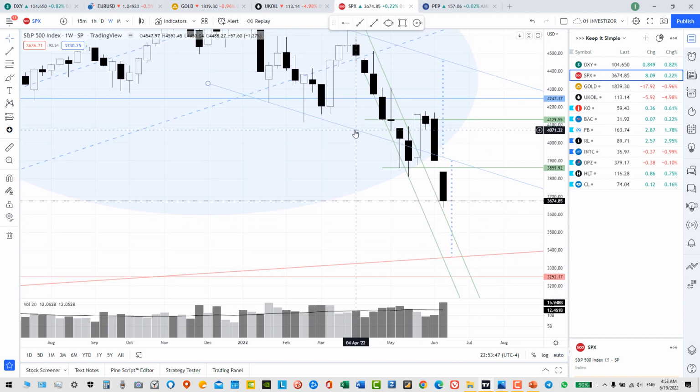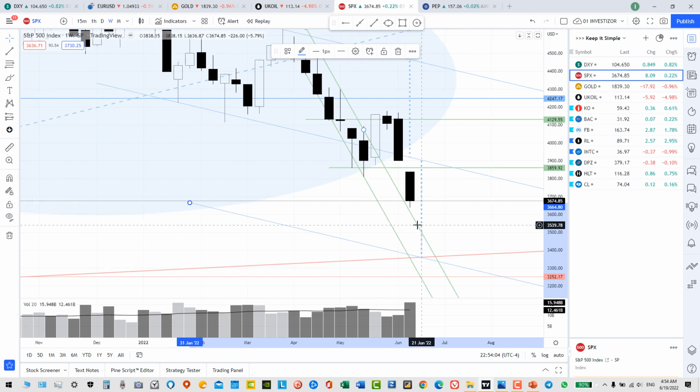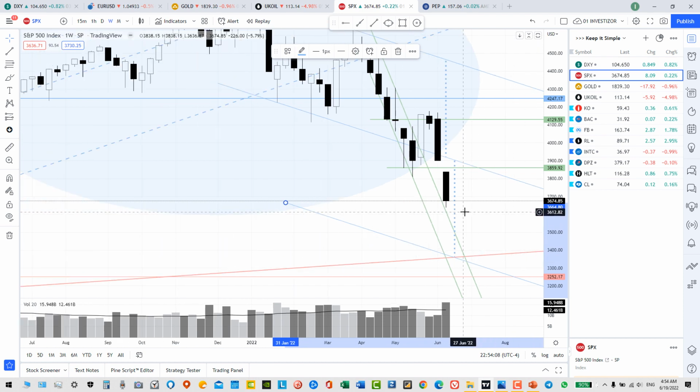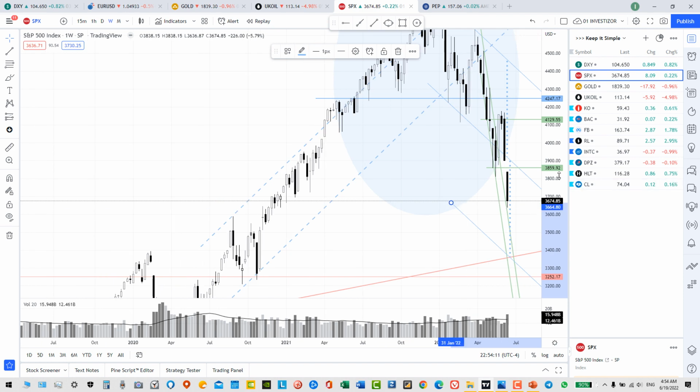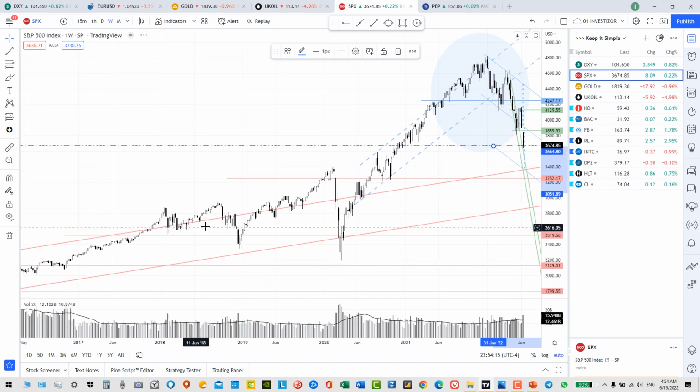Then we can draw a parallel second channel line running at the same thickness to the downside, indicating that the short and medium term targets for the S&P is around 3,400 points, which is also considered the channel line of the monthly chart being tested from the upside.